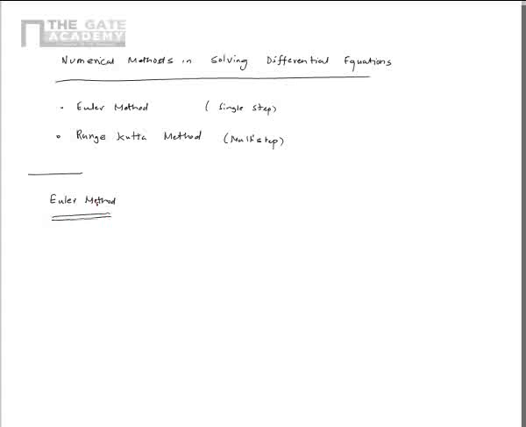Before discussing the Euler method, what is the objective of the problem? If you consider the equation dy by dx is equal to f of x comma y, given that y of x naught is y naught, that is, at x naught you know the solution of this differential equation.